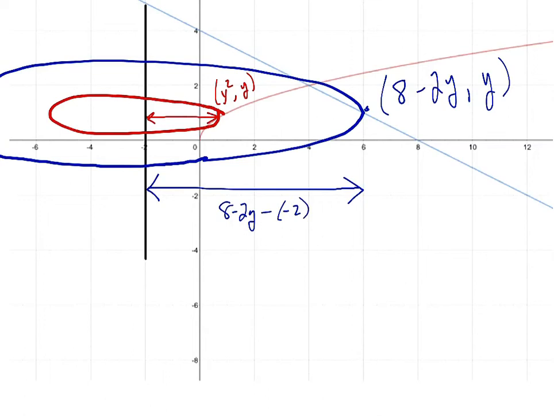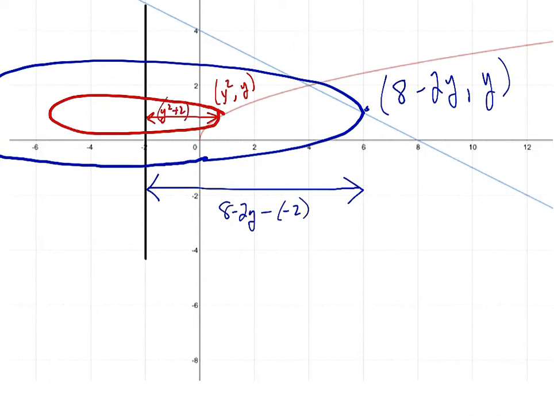And then the radius of the inner circle in the washer is right here, which would be y squared minus negative 2, or y squared plus 2.